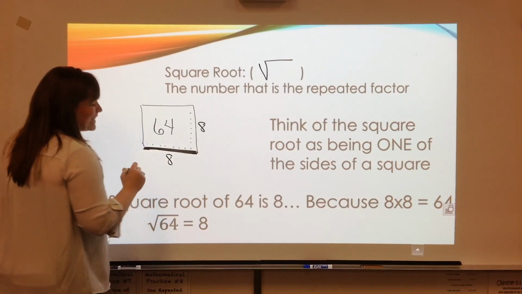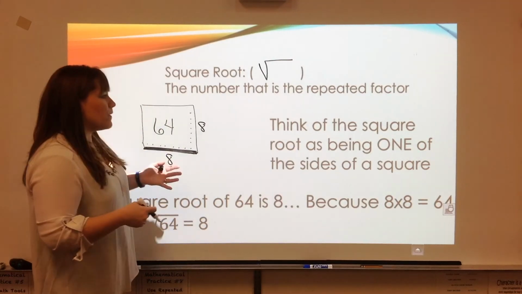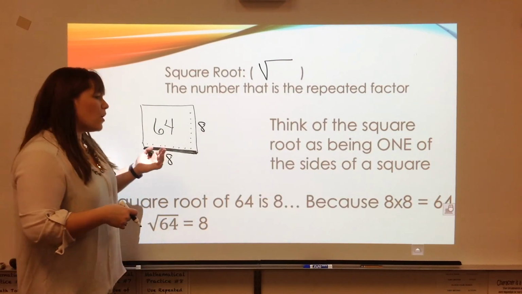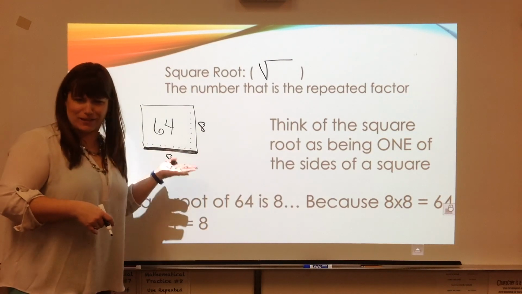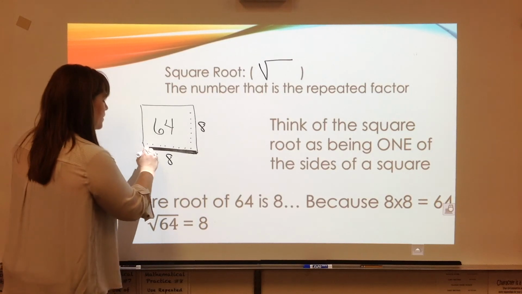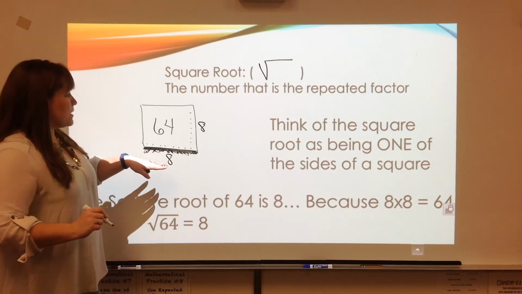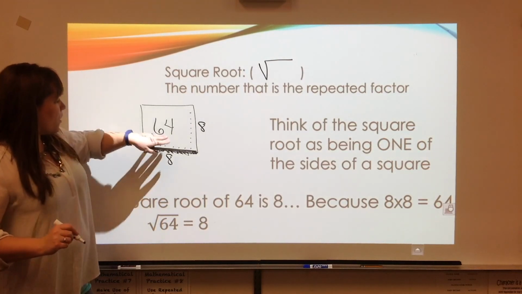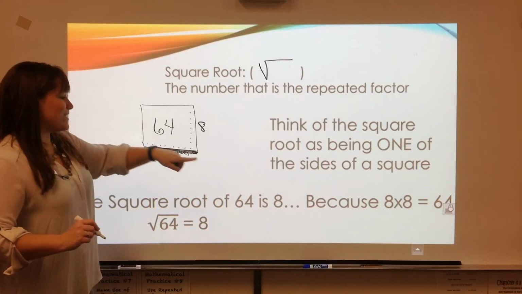Thinking about a plant, the roots are on the bottom of a tree or a plant. Think of the square root of a number as being one of the sides of the square. And I like to think of it as the bottom because it reminds me of where the roots are. So here are the roots of this square root. And so the square root of a perfect square number is 8.